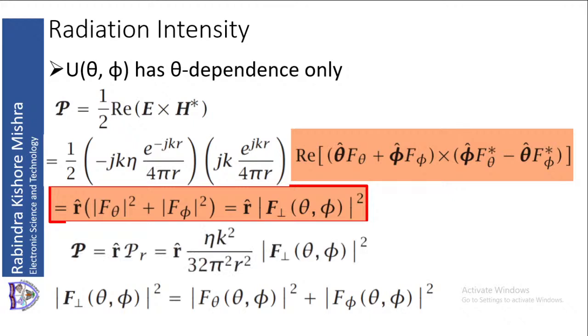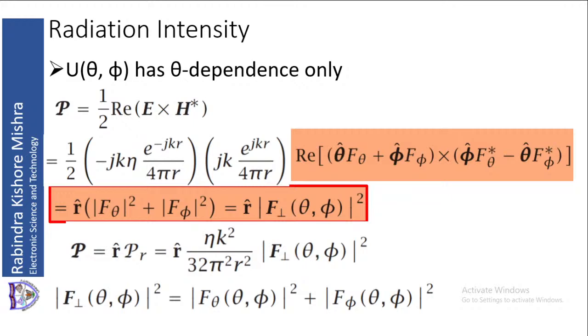So using this expression, now the P or the density becomes r cap PR is equal to, now multiply these things, the highlighted portion is absolute F theta phi square, so that is the last term, then r cap remains as it is. Then what are the other terms? Minus jk eta into jk, so that is k square eta.